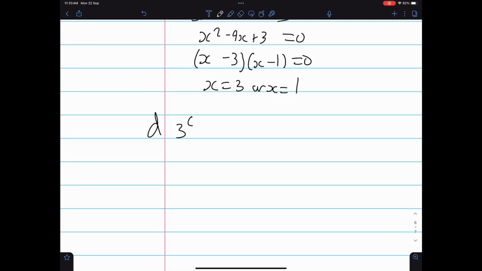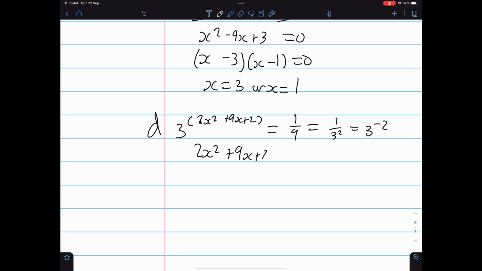Now for the next one, we do 2x squared plus 9x plus 2 equals 1/9. And that is equal to 1 over 3 squared, which is equal to 3 to the power of minus 2. So 2x squared plus 9x plus 2 equals minus 2. So that means 2x squared plus 9x plus 4 equals 0.